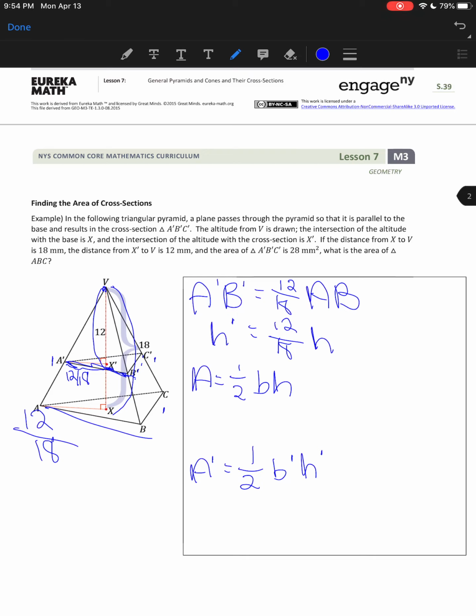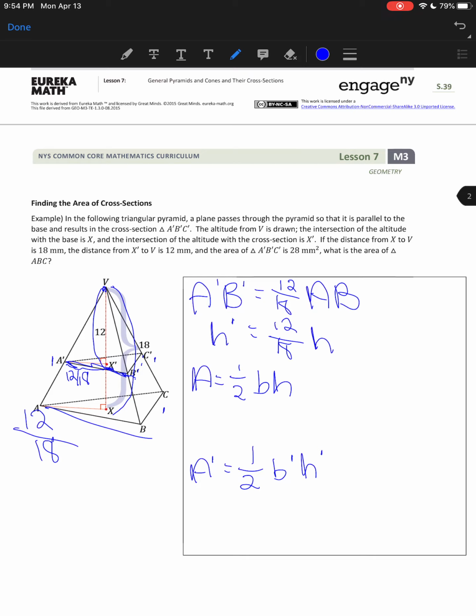So one thing we can think about here is the relationship between these two triangles. So let's take a look at the area of the top triangle up here. How does it relate to the area of the bottom one?